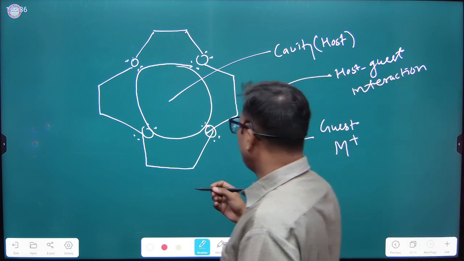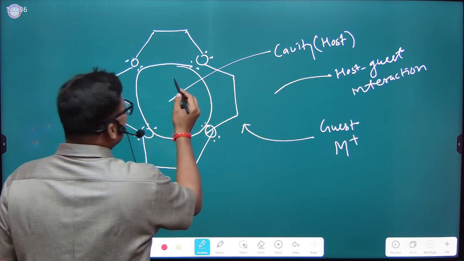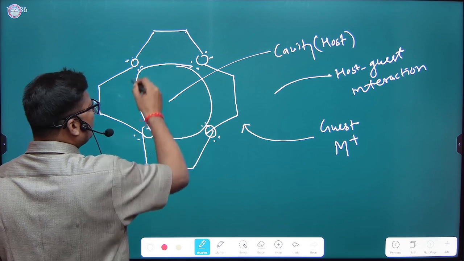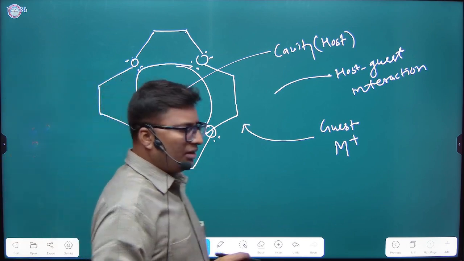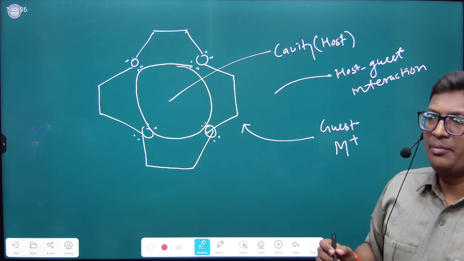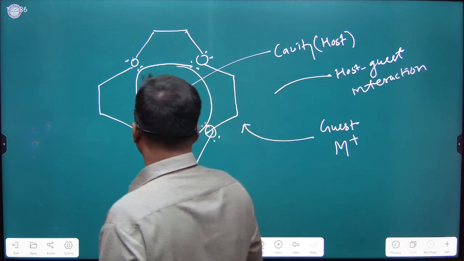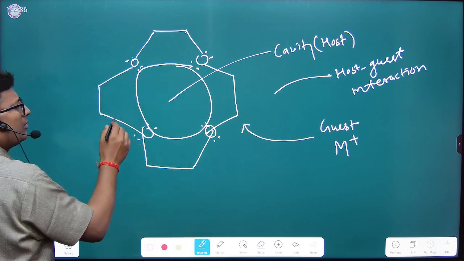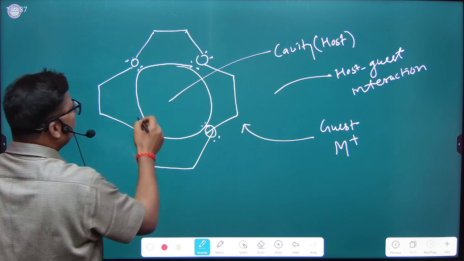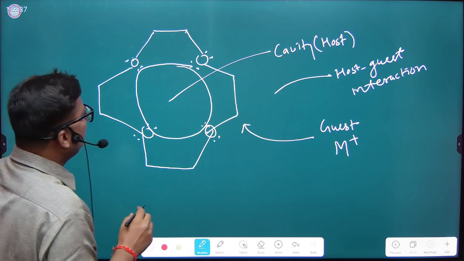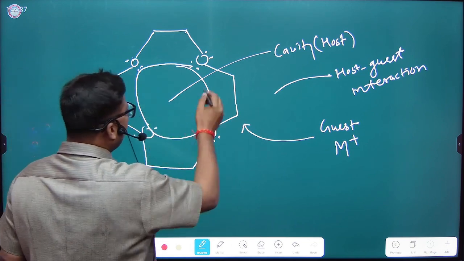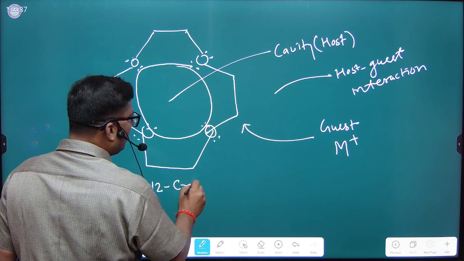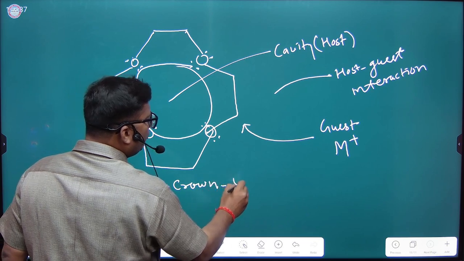Depending on the size of the cavity of this crown ether, it can select a metal cation, right? If you provide its name, then the name of this cyclic ligand is 12-crown-4.